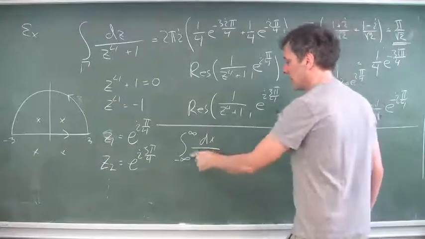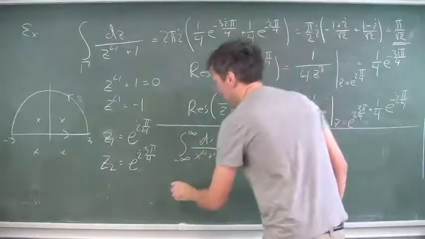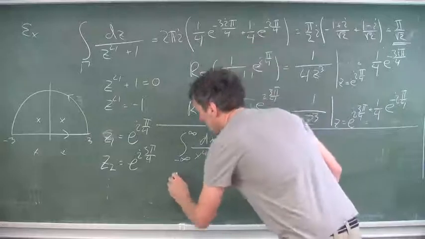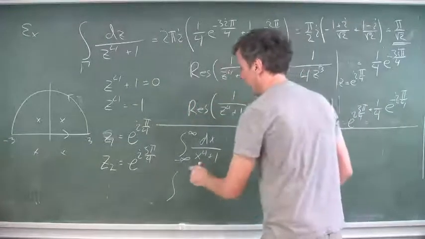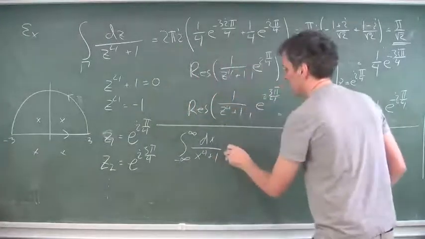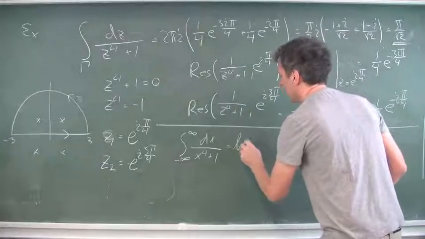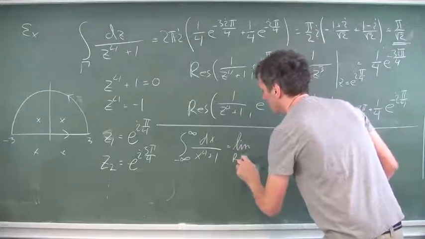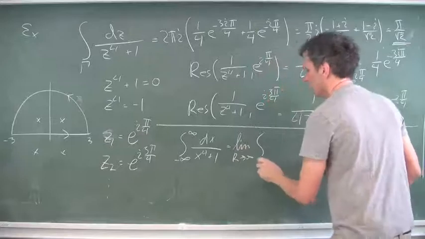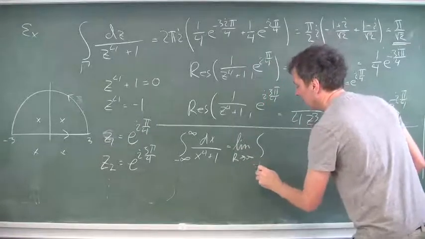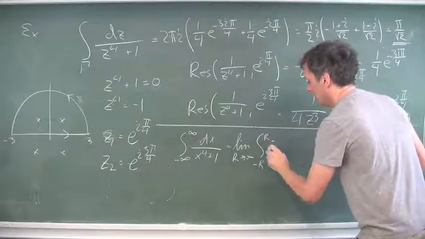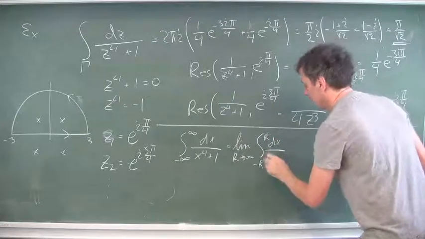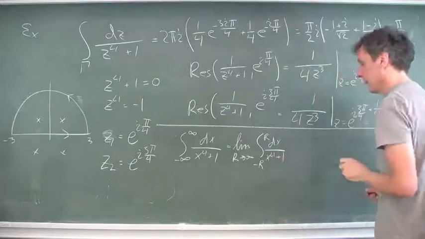So the idea is that this integral can be interpreted as the complex integral. Well, first of all, this is, of course, the limit when r tends to infinity of the integral from minus r to r of dx divided by x to the fourth plus 1.